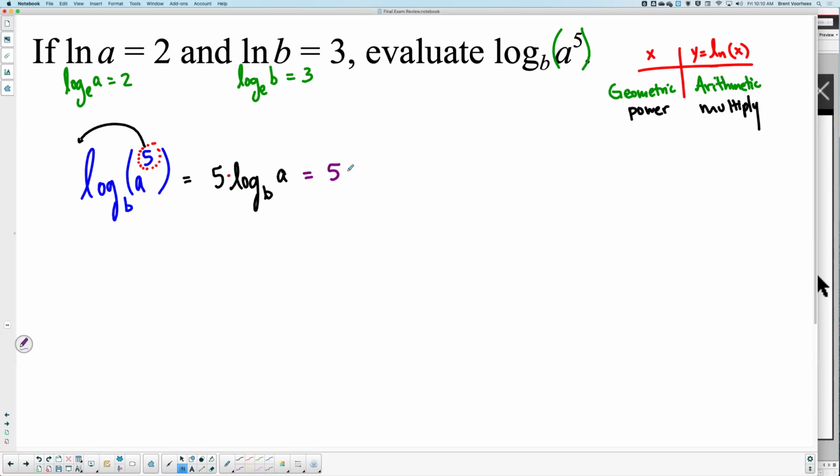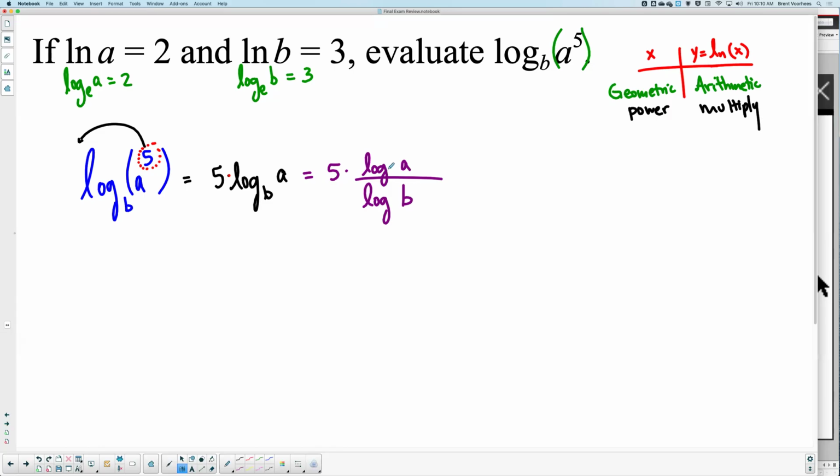How you change your base is like this. We still have this 5 that's multiplying. You write it as 2 logs, where the original base becomes the number that's getting logged in the denominator. The original number that's being logged is the value that gets logged up in the numerator.